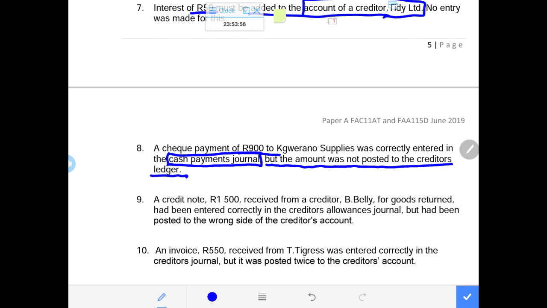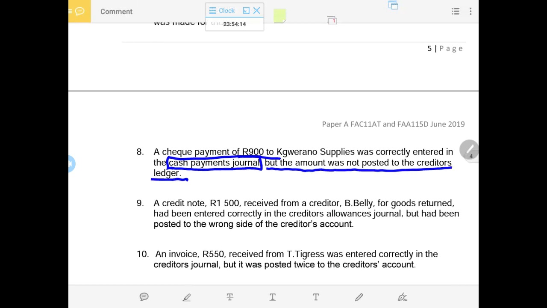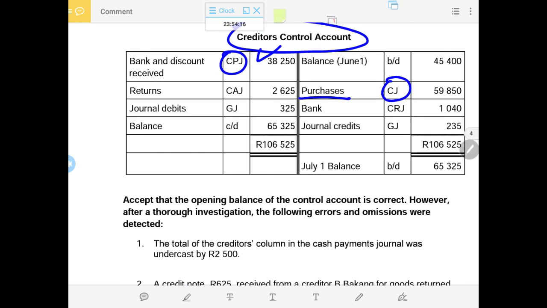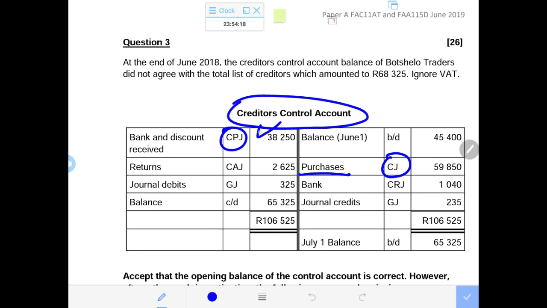of that specific creditor. So now that will mean that the amount of the 900 will be recorded in the list of creditors. The amount of 900 will be recorded in the list of creditors because the cash payment journal, which is the debit side of the creditors control, is correct.